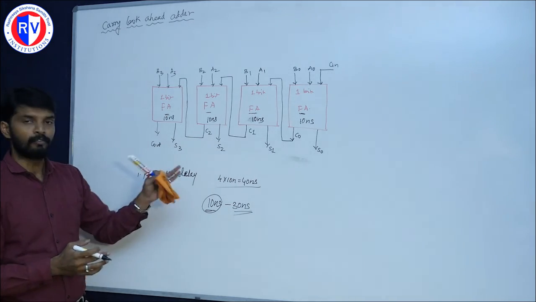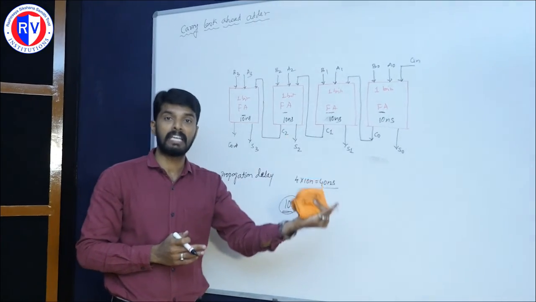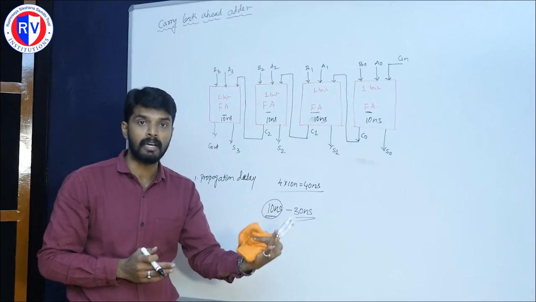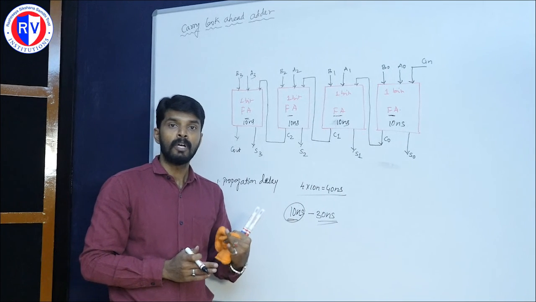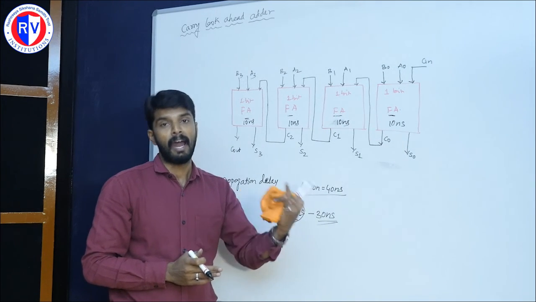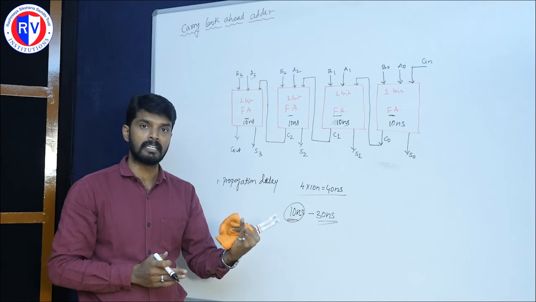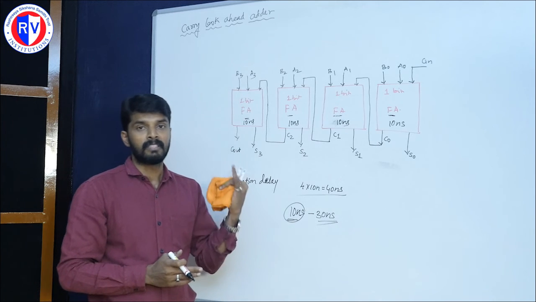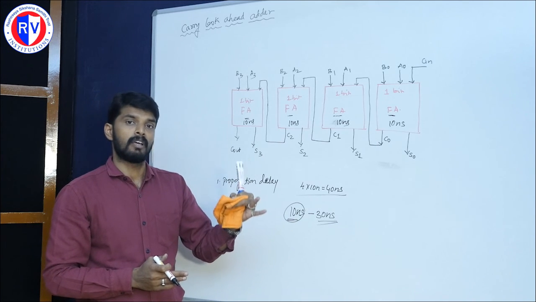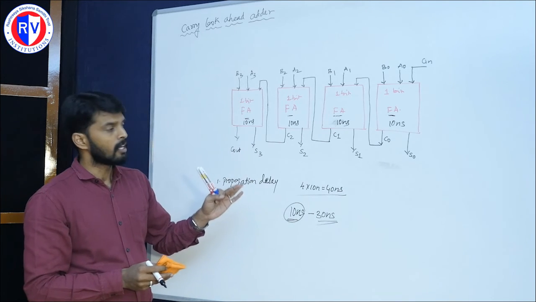So if we know well in advance the carry that may be generated by the previous stages, we can reduce the propagation delay and improve the performance of the adder. If the adder performance increases, processor speed automatically increases, because finally this adder sits in the ALU, and the ALU is present inside the processor. So this is the drawback in the ripple carry adder.